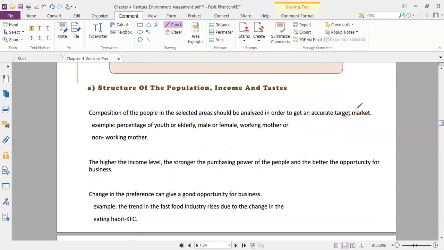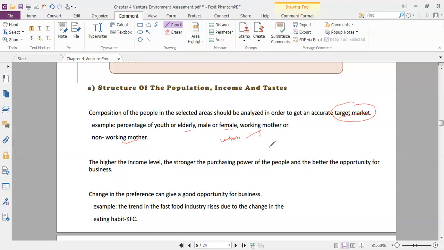Target market means who is your target consumer or target customer. For example, percentage of youth or elderly, male or female, working mother or non-working.